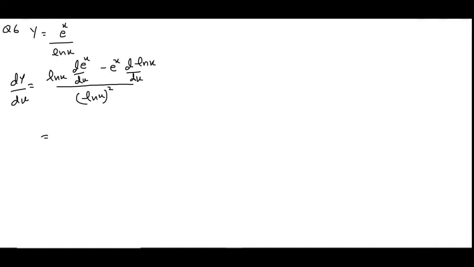Now ln x and the derivative of e raised to power x is e raised to power x, because the differential of x is 1, so we don't write that. e raised to power x and then for the derivative of natural logarithm, 1 over x and derivative of x, whole divided by ln x whole square.